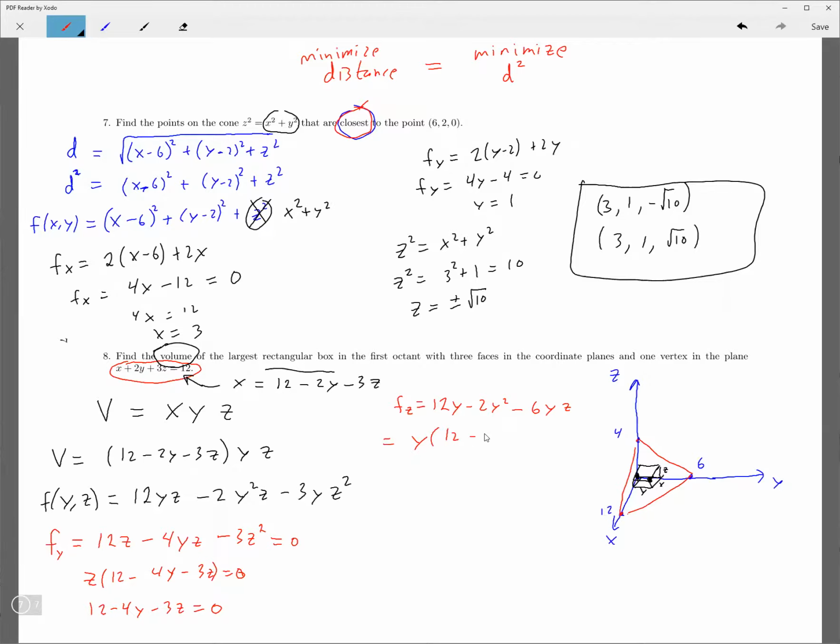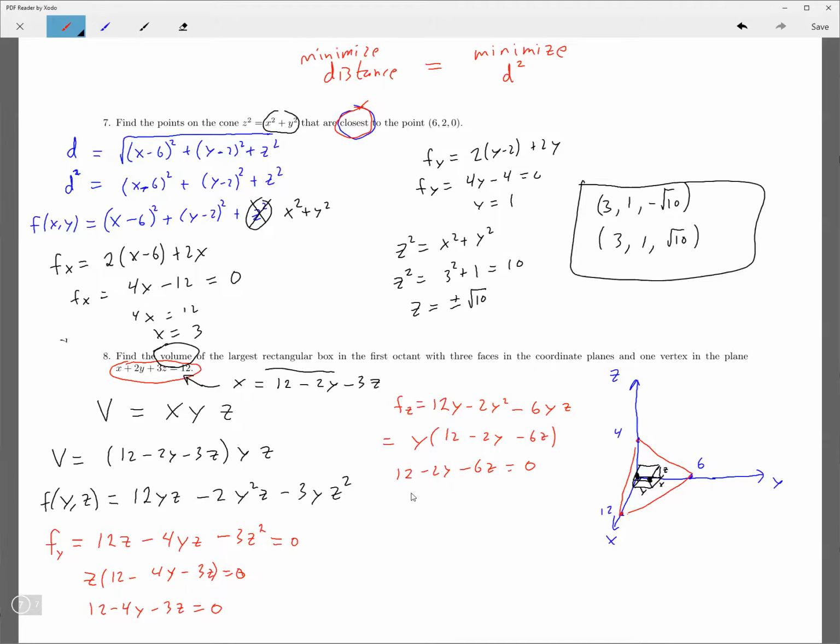You get 12 minus 2y minus 6z. And then again, y being equal to 0 gives you a box with no volume, so that can't be the largest volume. And so you take the other part, so 12 minus 2y minus 6z equals 0.